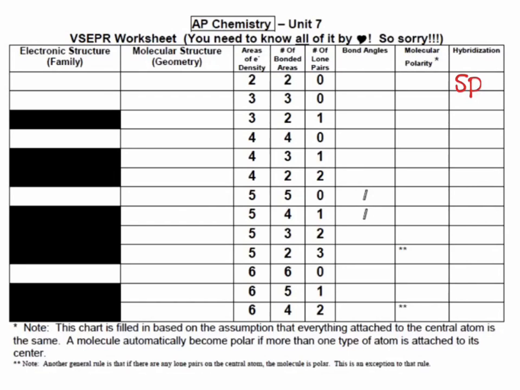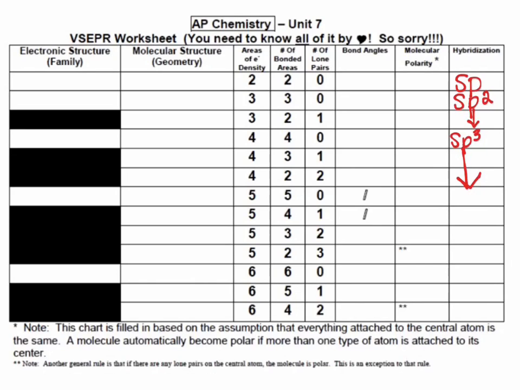With 3 areas, trigonal planar, it would be sp2. If we added another area, 4 areas, tetrahedral, we would be sp3. So all of our 4 areas are sp3 hybridized.